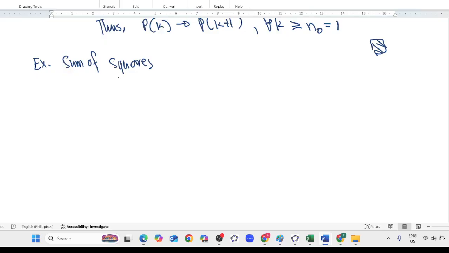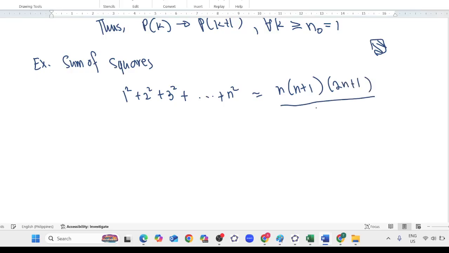Given the sum of squares of 1 squared plus 2 squared plus 3 squared plus up to n squared, that is equivalent to n times n plus 1 times 2n plus 1 divided by 6. Note that this is the summation of i squared, for i equal to 1 to n.